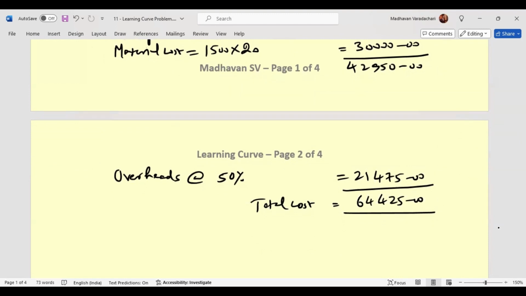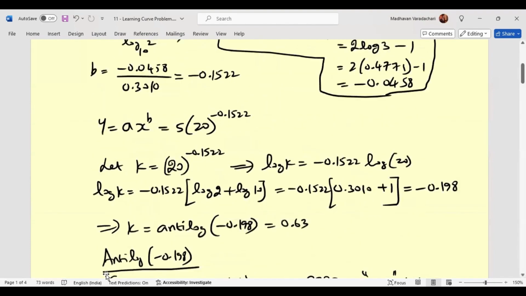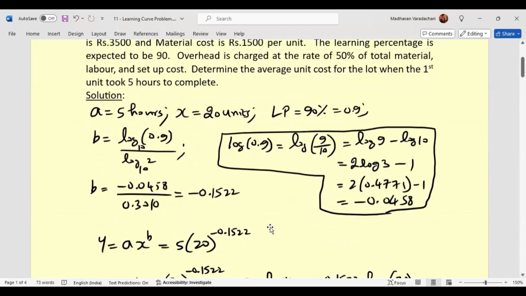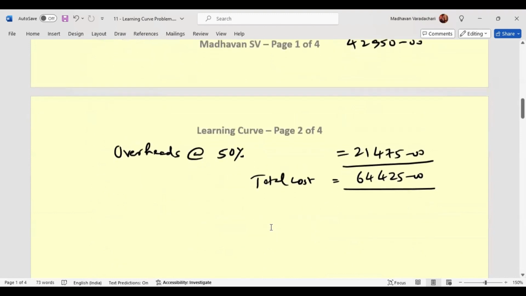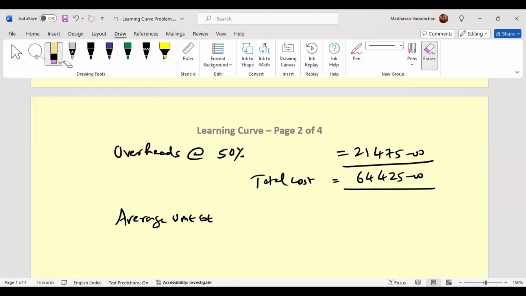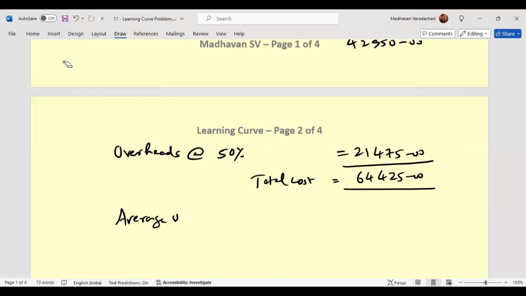We are supposed to calculate average unit cost. Average unit cost is equal to rupees 64,425 divided by 20.